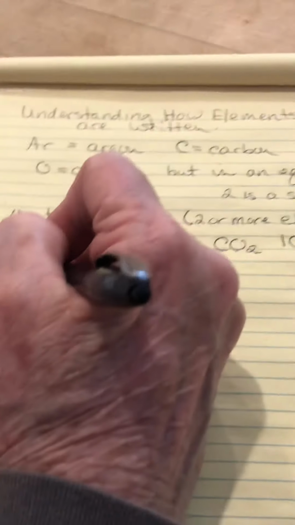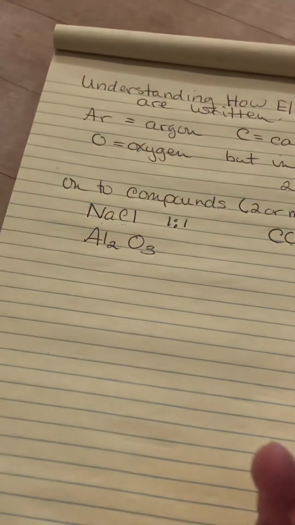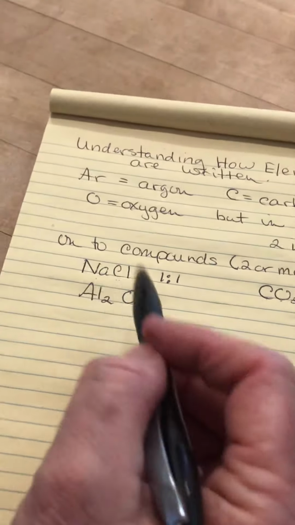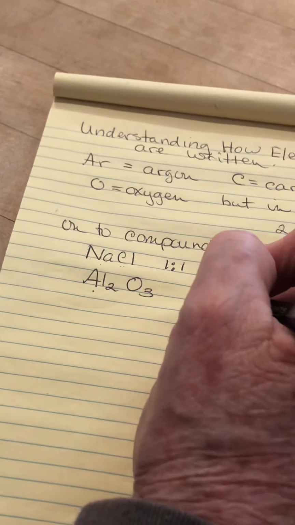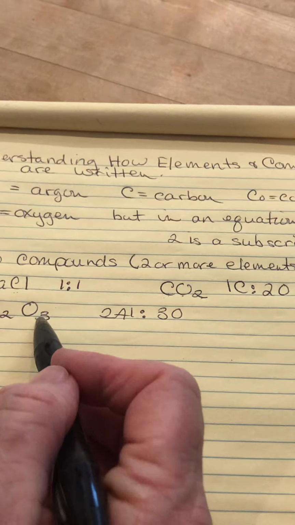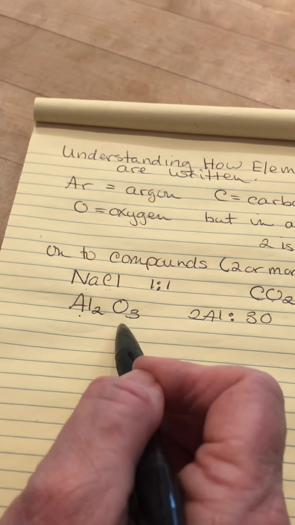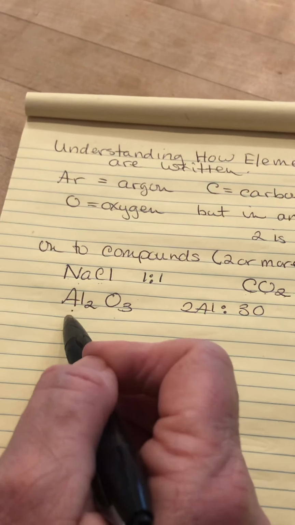You can have subscripts on 2 different elements. Al2O3, aluminum oxide. This is telling you have 2 aluminums to 3 oxygens. Now, the subscript 2 on oxygen isn't required here because oxygen is not alone. It's part of a compound.